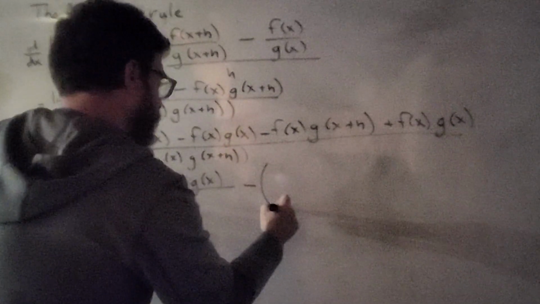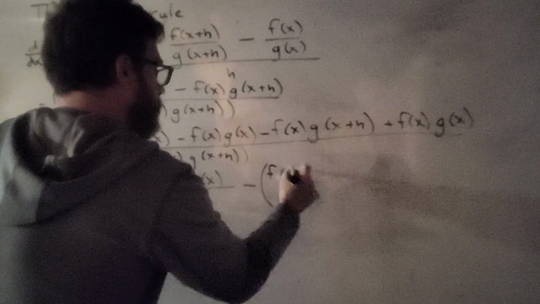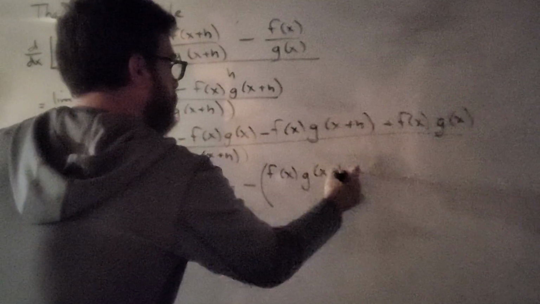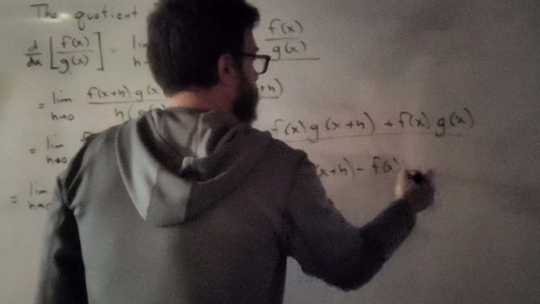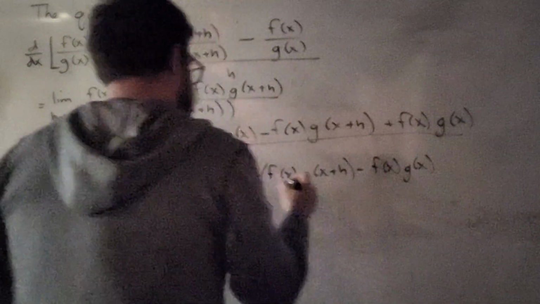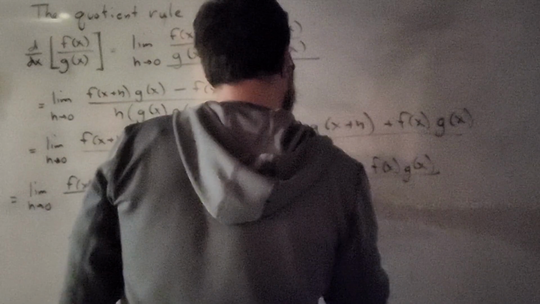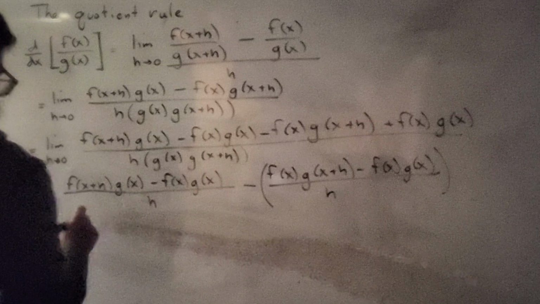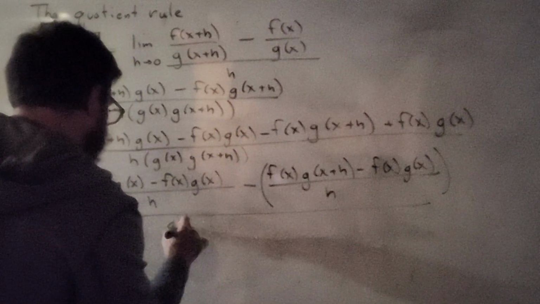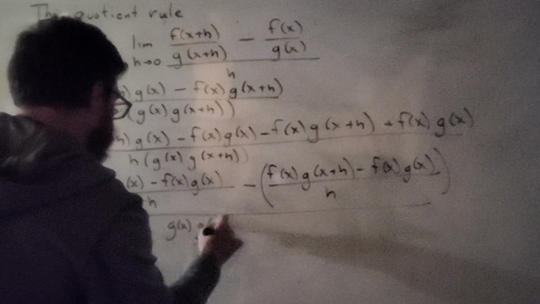So I'm going to say subtract f of x times g of x plus h minus f of x times g of x, all over h. And we know that this thing is still being divided by g of x times g of x plus h. So all divided by g of x times g of x plus h.